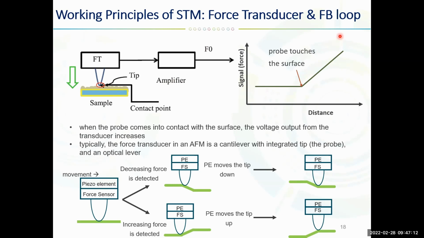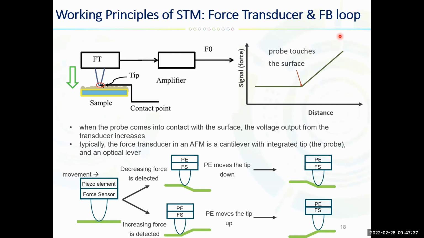probe and surface. Force transducers may be constructed so that they measure forces as low as 10 piconewtons between a probe and a surface. Typically, the force transducer in AFM is a cantilever with an integrated tip, as we call it, the probe, and the optical lever.